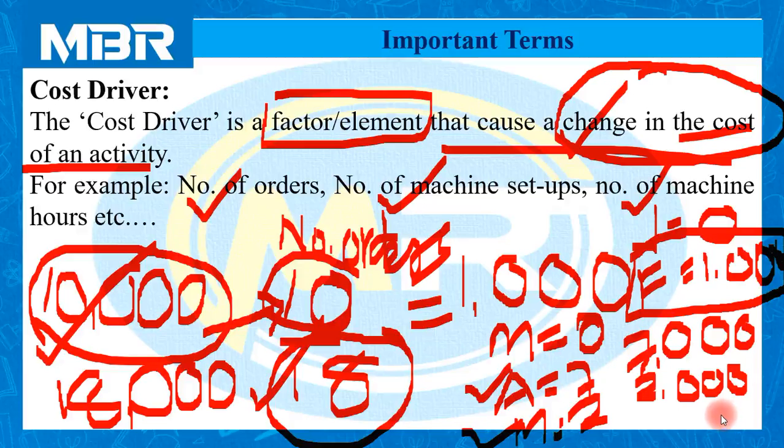If you follow the traditional method, 10,000 divided by 12 months, so 833.33 is allocated from January to December at a uniform or flat rate. But here we need to consider the number of activities performed during the concerned period.